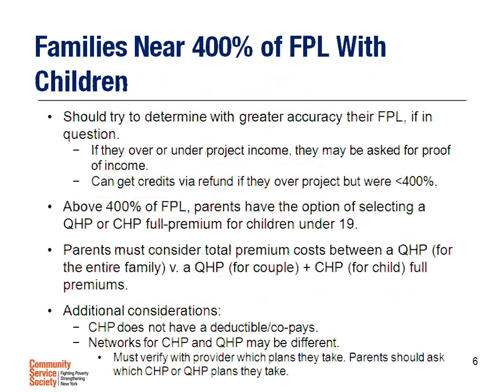There is potentially a husband and wife, or a couple, and they have children, and they are self-employed, and last year they made above 400% of the federal poverty level, and they're thinking that they might make a little less, so they may be under 400% of the federal poverty level, and they want to know what their options are for their children. Obviously, they would be getting a QHP, but the real question is, do they select a QHP and add their kids, or do they get a couples plan and pay for their kids' CHIP premium, if any, which if they're close to 400, there will be one, right?